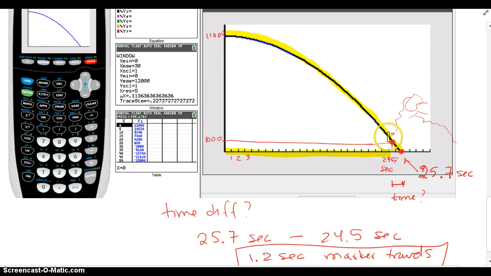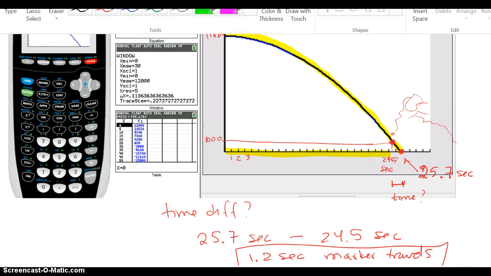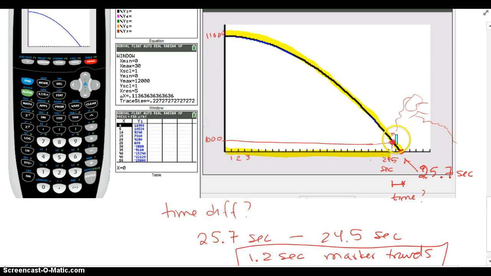And then exactly at 1,000 feet the skydiver opens the chute, so the skydiver probably gets sort of pulled up with the chute and then starts floating. And when that happens, right before, the skydiver drops a marker at this instant, so the marker travels this path right here, and that time we've just figured out was the difference between the t-intercept and when the marker was dropped, which is 24.5, for a difference of 1.2 seconds.